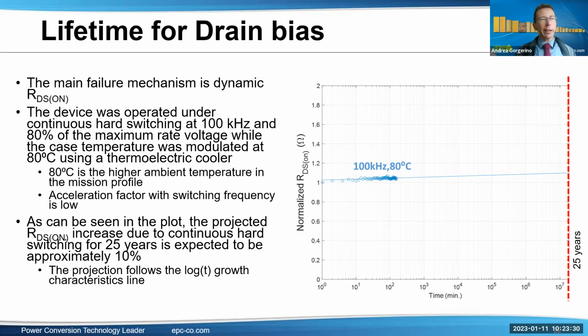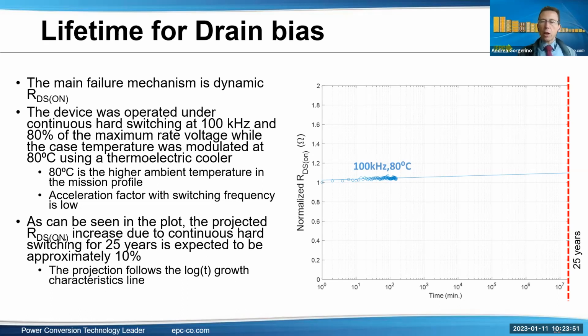In the early days of GaN, like 20 years ago, devices would increase their RDS-on while operating on your bench, and within 10 or 15 minutes they would get so hot they would blow up. So we've come a very long way since those times. Dynamic RDS-on is not an issue anymore for our latest generation devices at EPC.